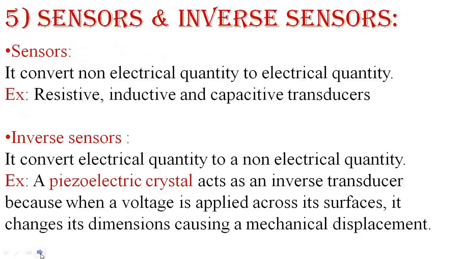Next, the fifth type of sensor is the sensor and inverse sensor. This type indicates the operation of the sensor. Most sensors sense a physical parameter and convert it into an electrical form, which means a non-electrical quantity is sensed and given as output in terms of electrical.